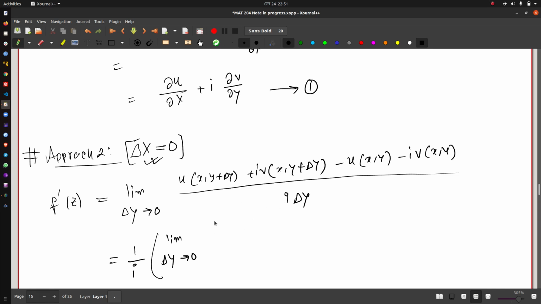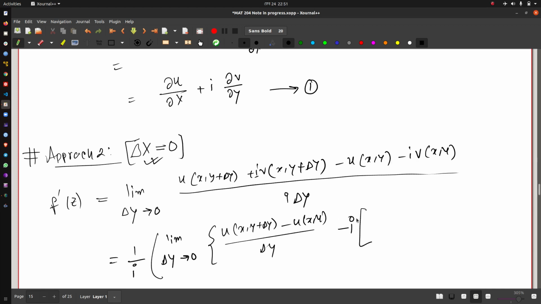You can collect the real and the imaginary parts together, and you will have u of x, y plus del y minus u of xy over del y, and here you will have a minus sign, and then inside that minus sign, I'm just jumping down some steps here, but it's pretty straightforward algebra, and you can take an i as well.